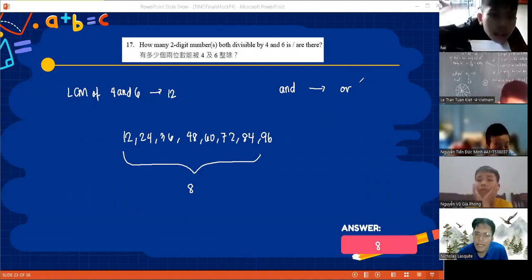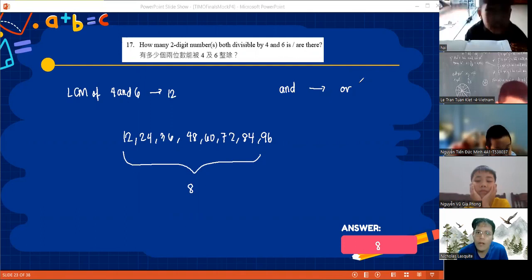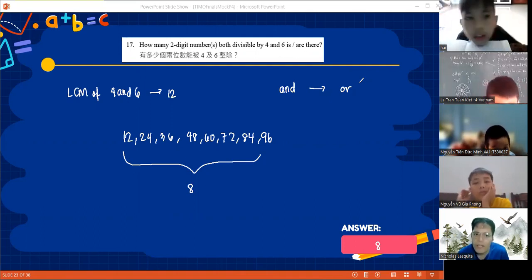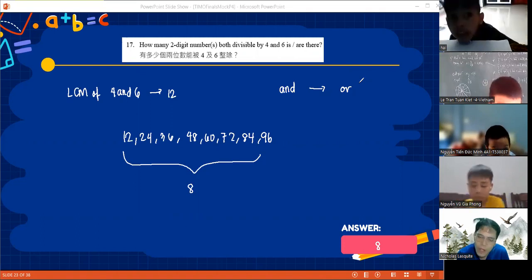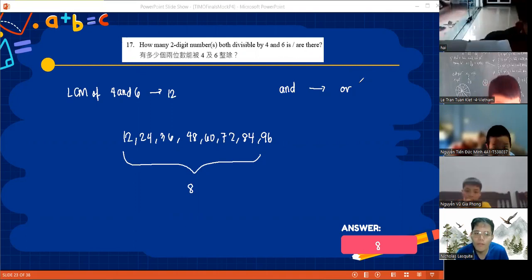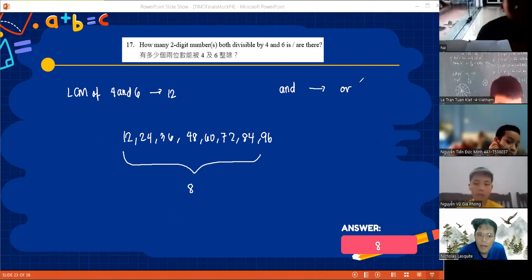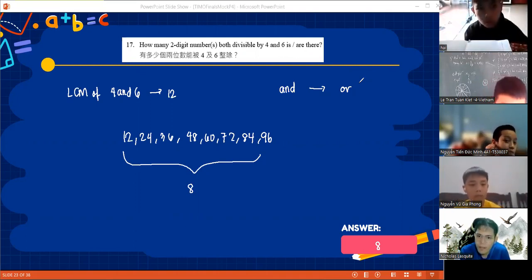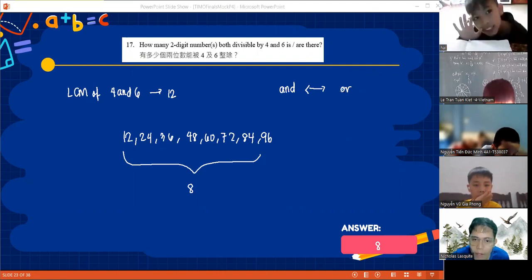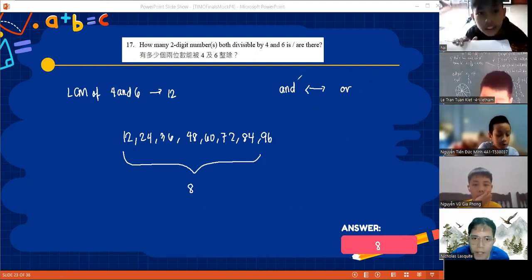If it's and, it should be divisible by 4 and 6 only. So it must not be divisible by 4 alone or by 6 alone. It should be divisible by both of them. That's why we took the LCM, which is 12, right? So again, take note of the word and, then take note of the word or, because the two are very different.